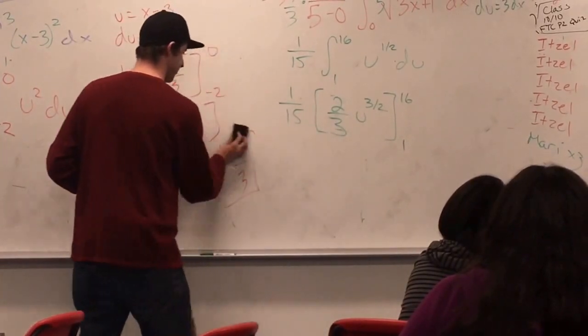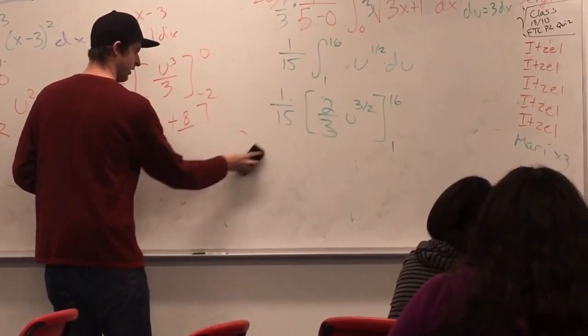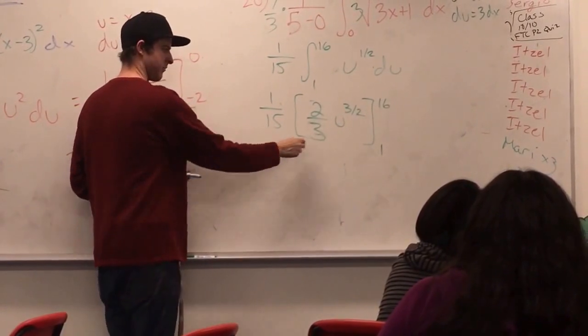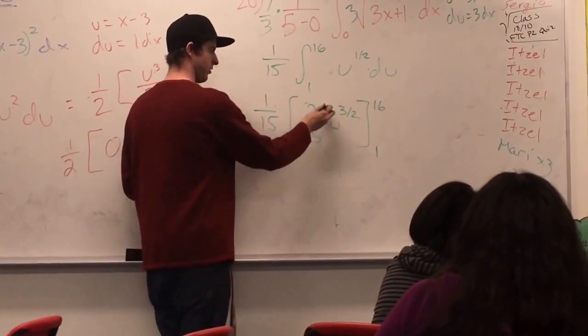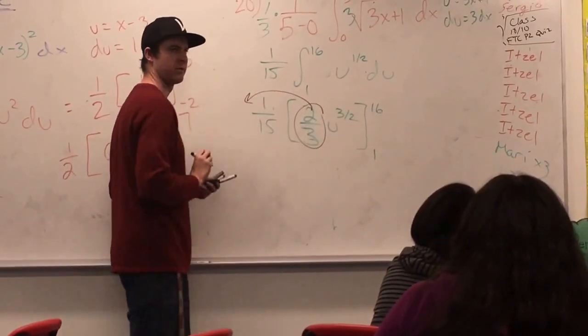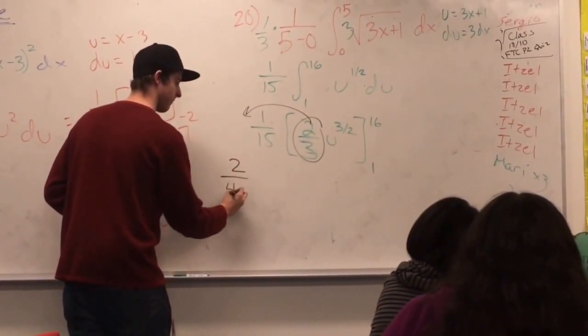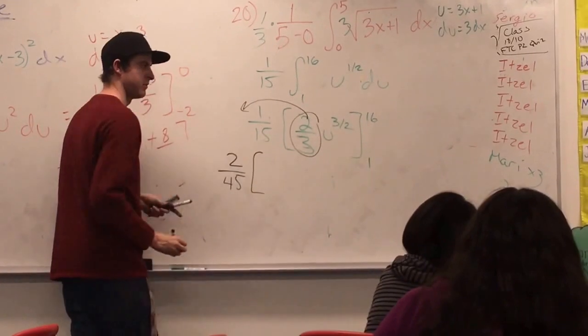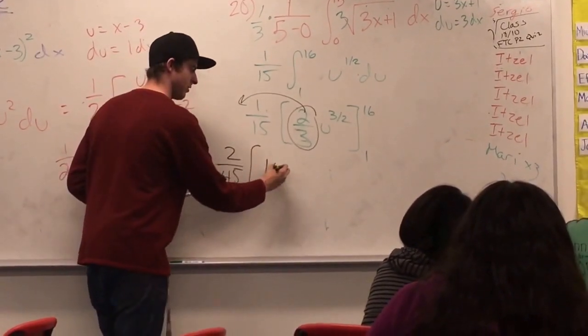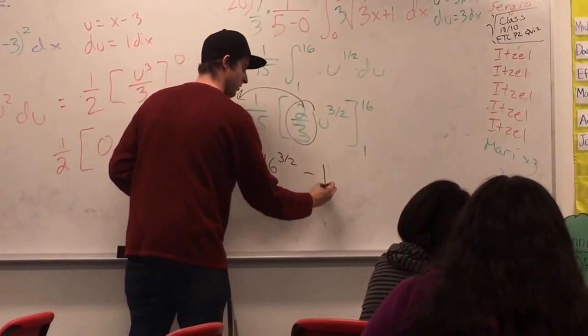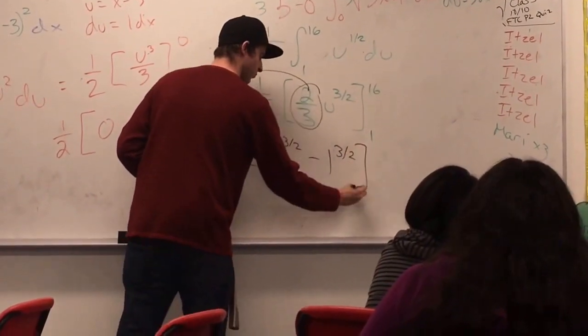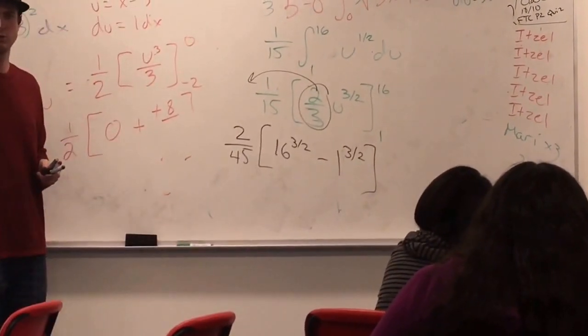What I would also do personally is, isn't this just a constant? To make it easier on myself, I would bring it up. So I'm going to write 2 over 45 times 16 to the 3/2 minus 1 to the 3/2. What's 1 to the 3/2? Just 1.